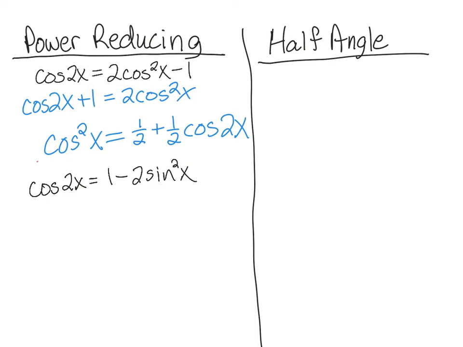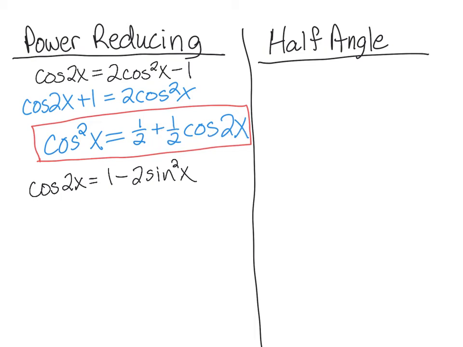This is very, very, very important when you get to Calc 2. All right? And you've got all the tools to derive this stuff for yourself. So there will be times when you have to get rid of the square and rewrite your problem in a way that you can solve. And it's 1/2 plus 1/2 cosine of the double.